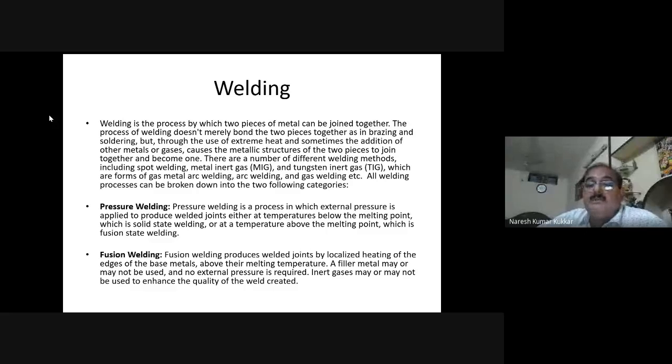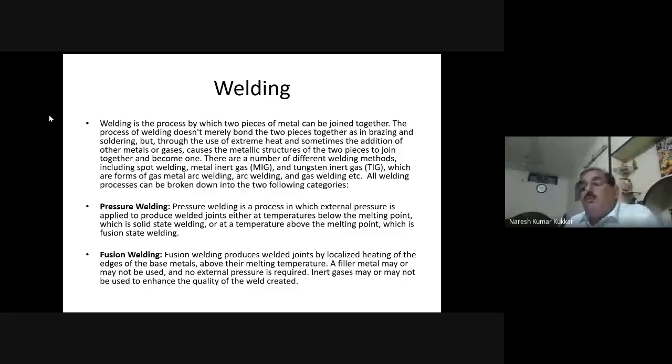Tungsten inert gas means TIG welding, which are forms of gas metal arc welding, and gas welding. All welding processes can be broken down into two categories. One is pressure welding. Pressure welding is a process in which external pressure is applied to produce the welded joint, either at a temperature below the melting point, which is solid state welding, or above the melting point, which is fusion state welding.